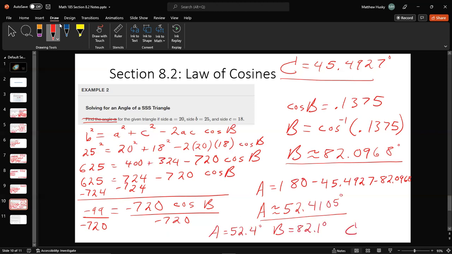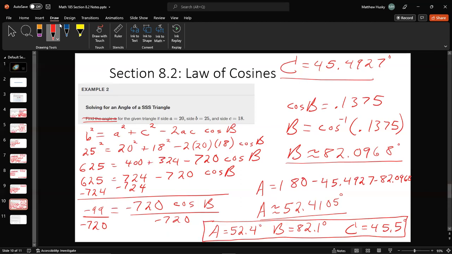And then C is going to round off to 45.5 degrees. And there you have it. You have successfully found all three angles of that triangle. So how about that? Okay.